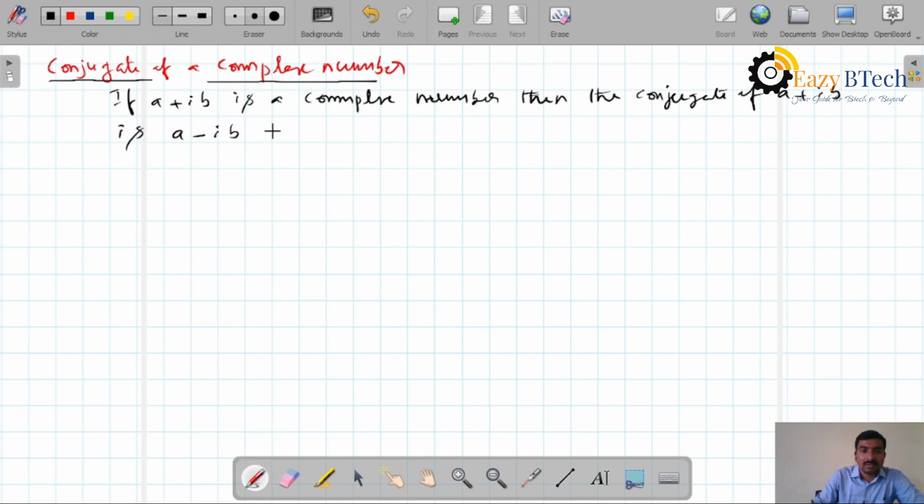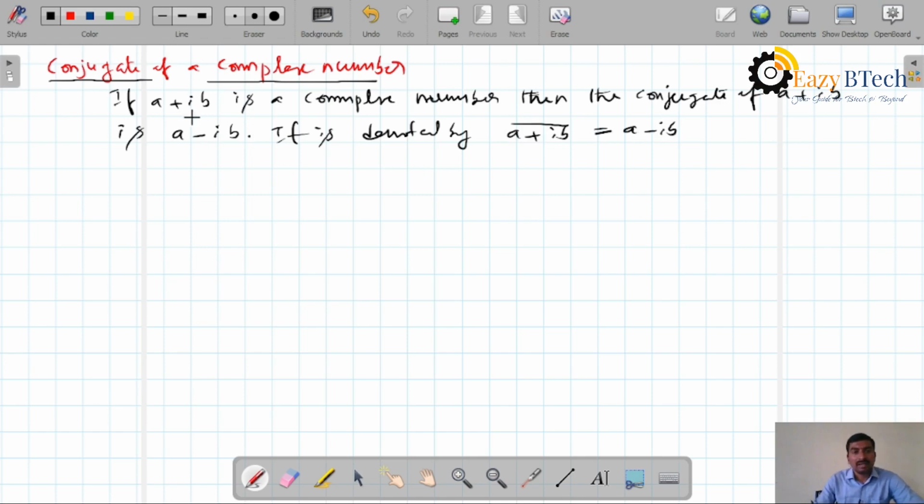It is denoted by a plus ib whole bar equals a minus ib.